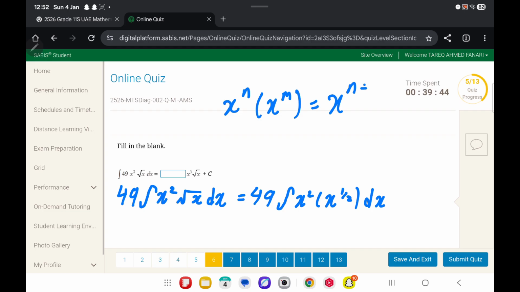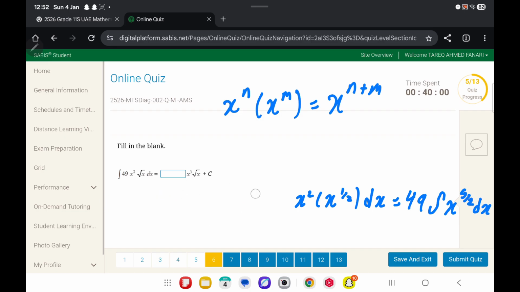X to the power of n plus m. So this is essentially 49 times the integral of x to the power of 2 plus 1 over 2, which is 5 over 2. Do it on your calculator, I'm pretty sure, let me just make sure, 5 over 2, so x to the power of 5 over 2 dx. Okay, now I don't need anything else here, so I'm just going to erase this. This is my final integral.